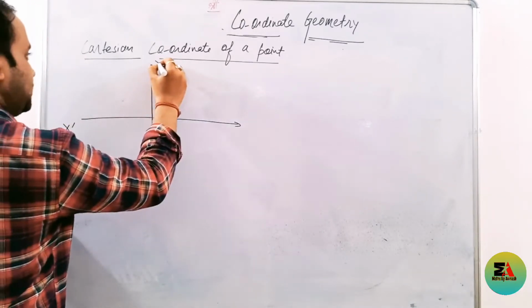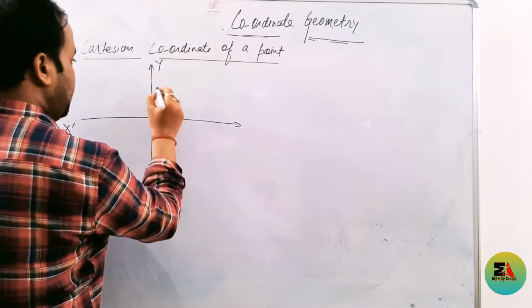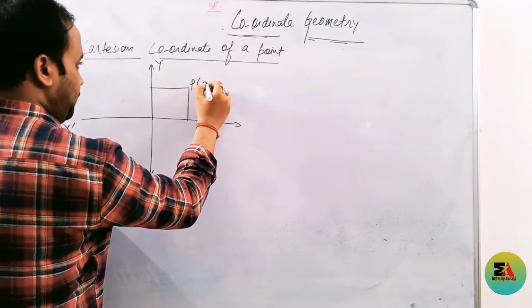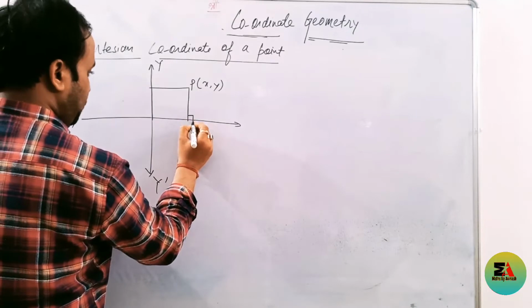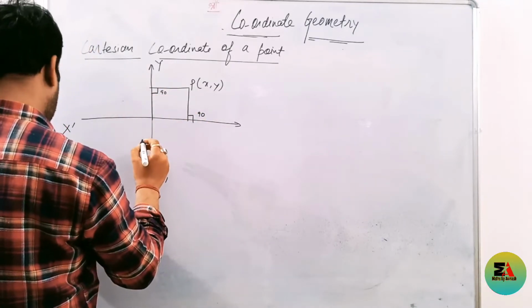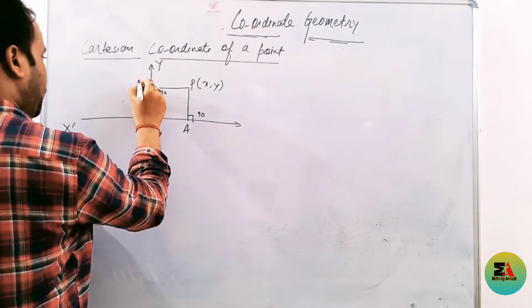This is your x dash, this is your y, and this is your y dash. Clear? And we take a certain point P, where x and y are in an ordered pair. This will be 90 degrees and this will be 90 degrees. Clear? This is O, that point will be A and that point will be B.